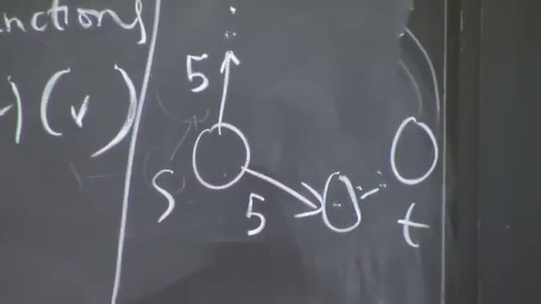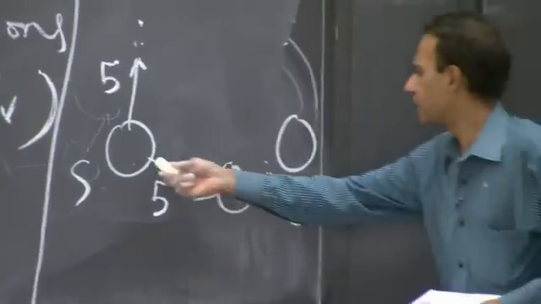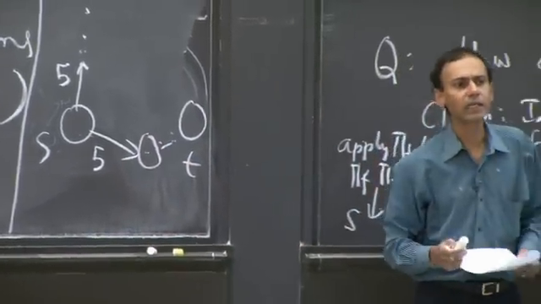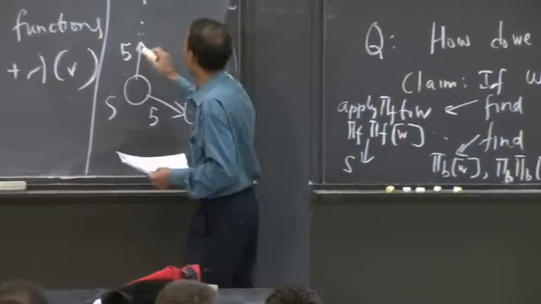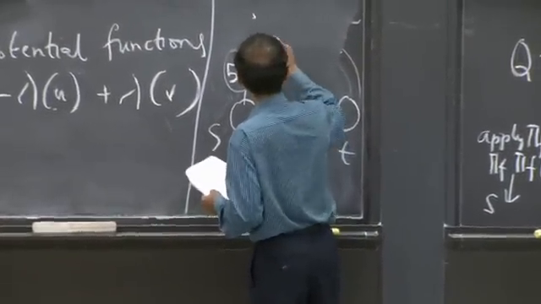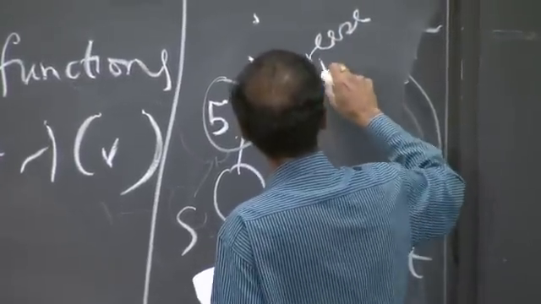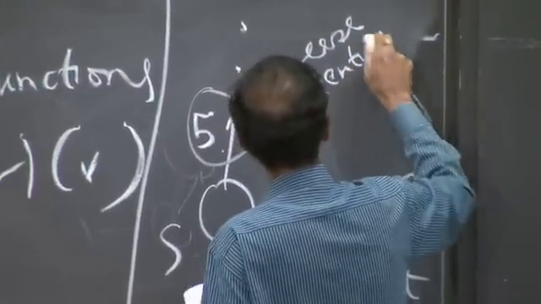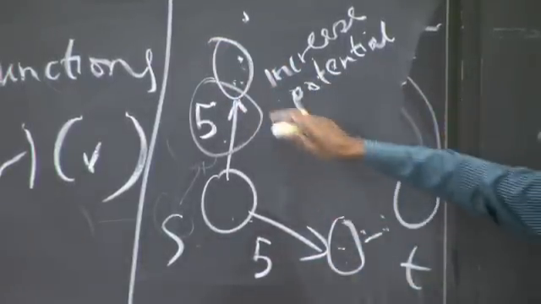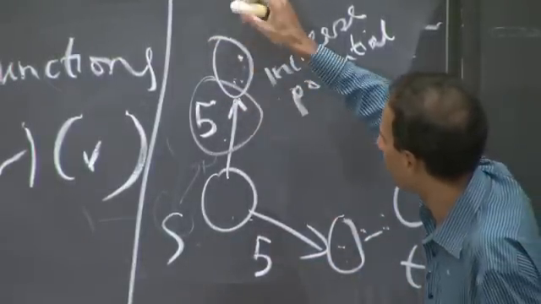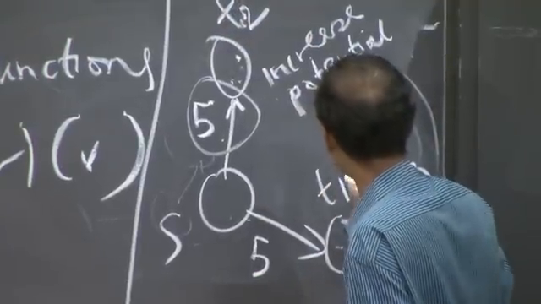Is there a way that you can guess that this is the edge that is more likely to be on your shortest path as opposed to this other edge, and increase the potential of this node, all right? So this node here may be the node T2, and this node may be the node T1.